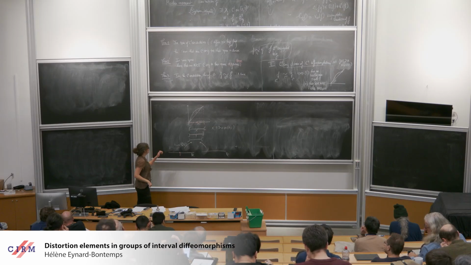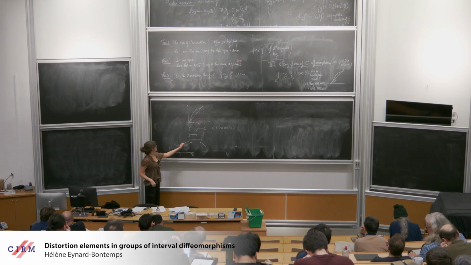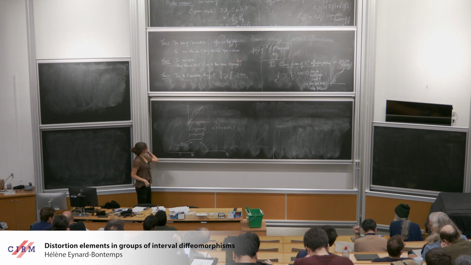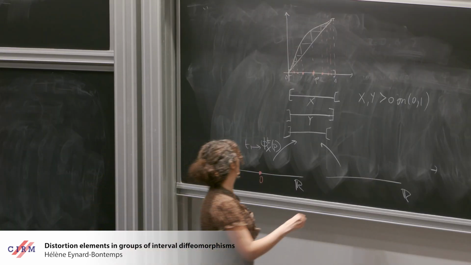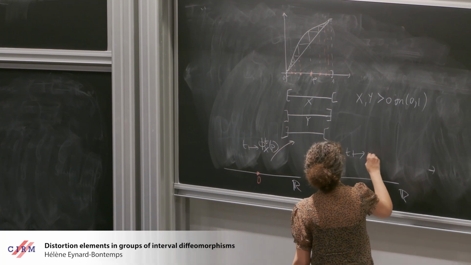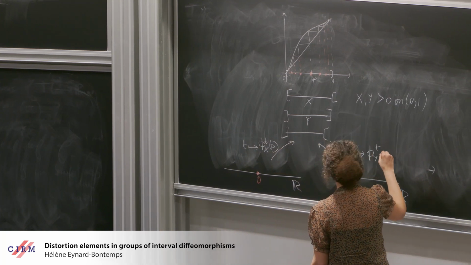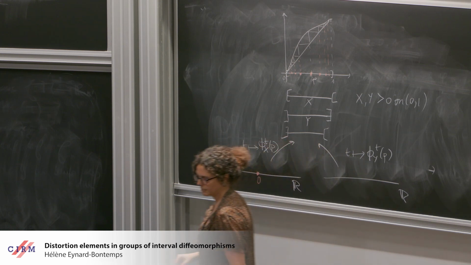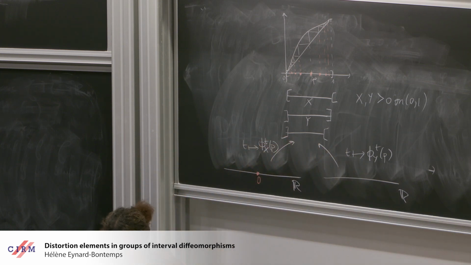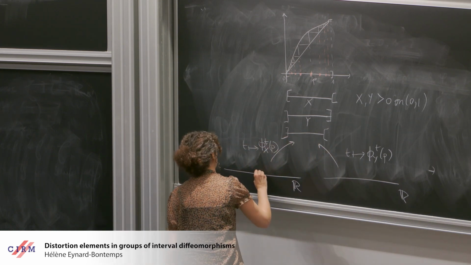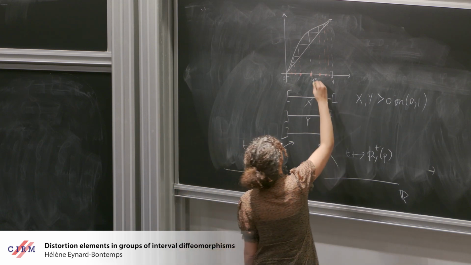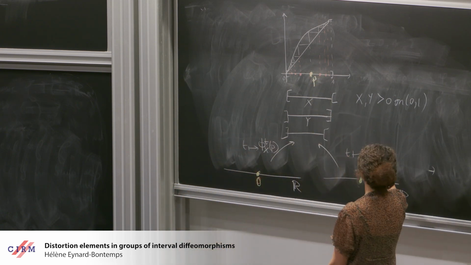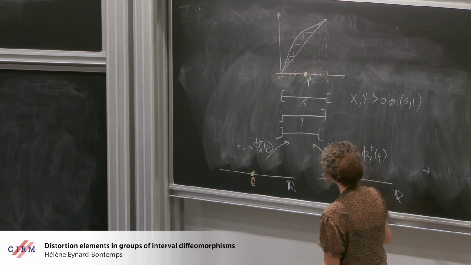So if I start at P and I follow the flow of my vector field X, I will go to 1 in the future and to 0 in the past. And I have another parametrization. Again, at time 0, I'm at point P.